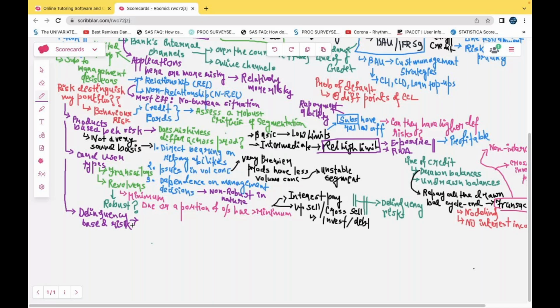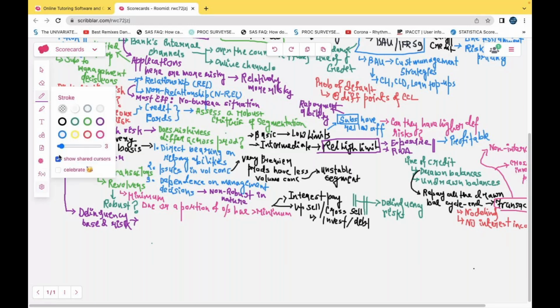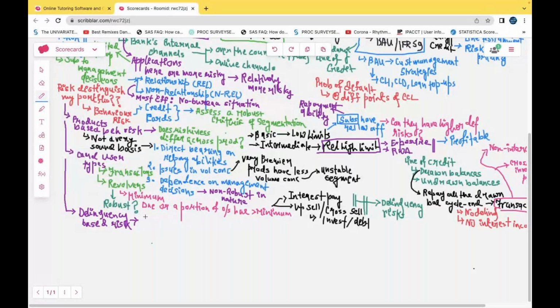So let's try to move a bit more deep into this. While I talk about delinquency based risk, what I'm talking about is delinquency as on the month, or what I'm talking about over here is a snapshot delinquency. So what is a snapshot?